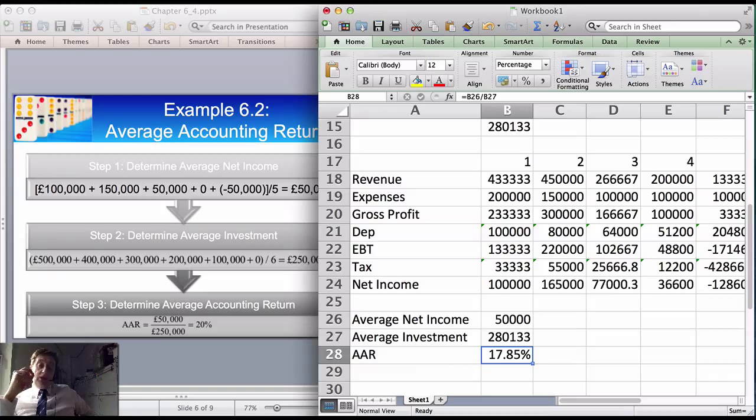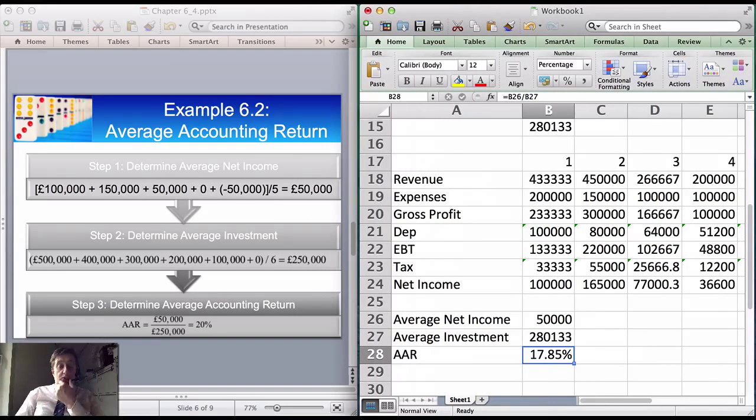And that is because the depreciation method affects the tax that you're paying. The method itself stays the same. It's 3 steps: calculate the average net income, calculate the average investment, and divide the average net income by the average investment. And that gives you the average accounting return.